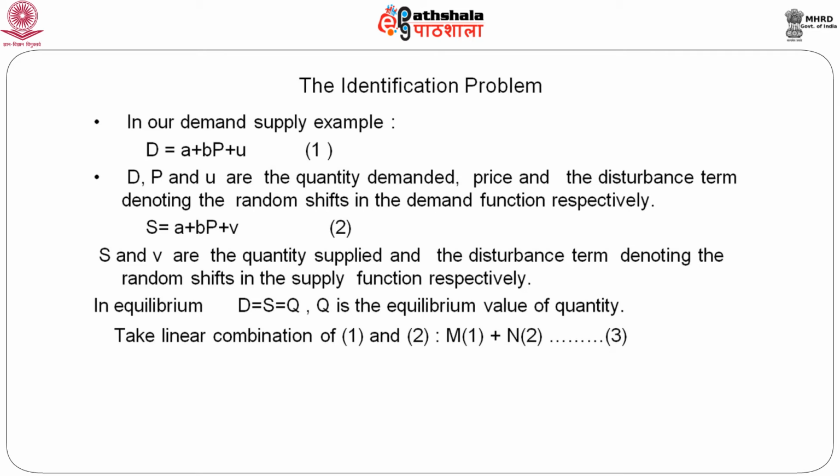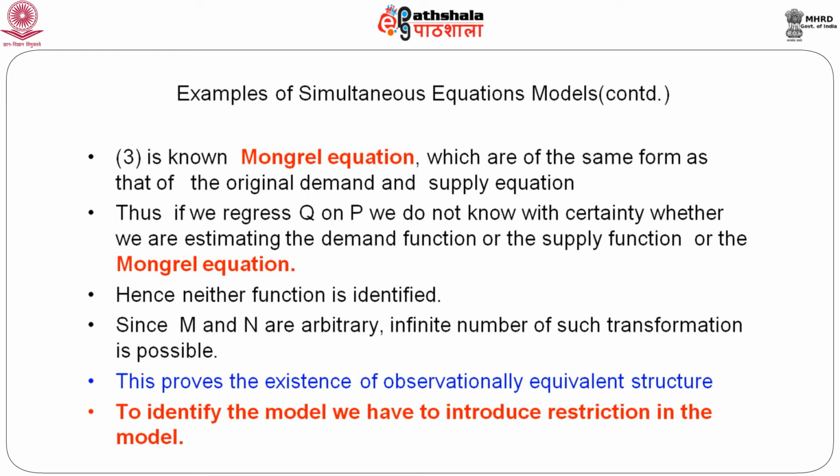Now, take a linear combination of 1 and 2. You get equation 3, which is a linear combination of equation 1 and 2. So, if we multiply equation 1 by m and equation 2 by n and add them up, you get a linear combination of equation 1 and 2.